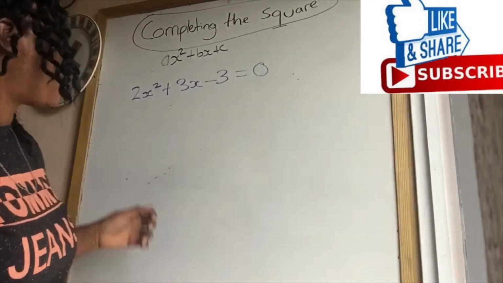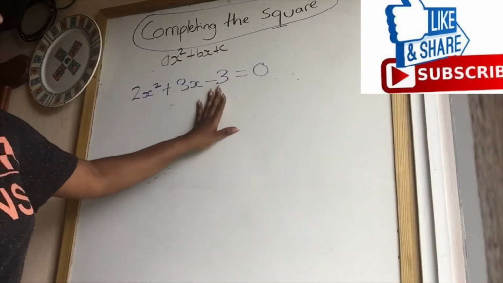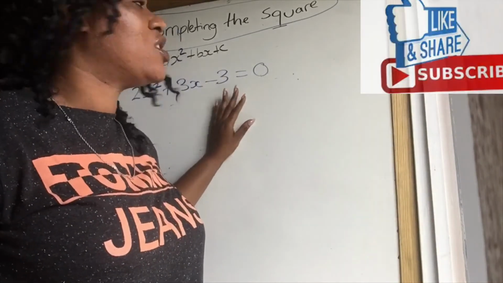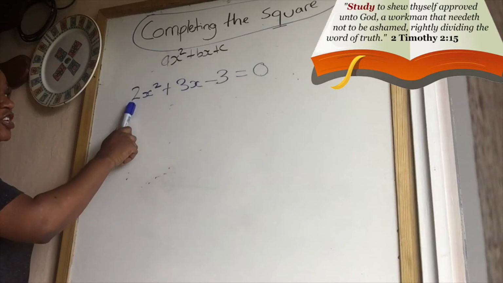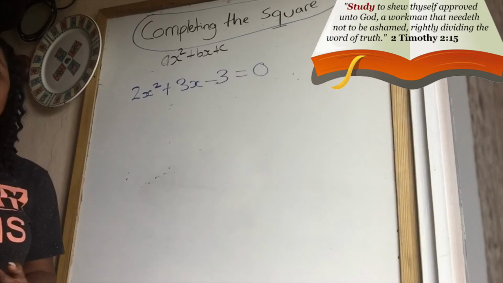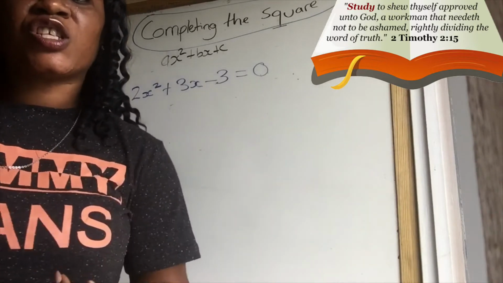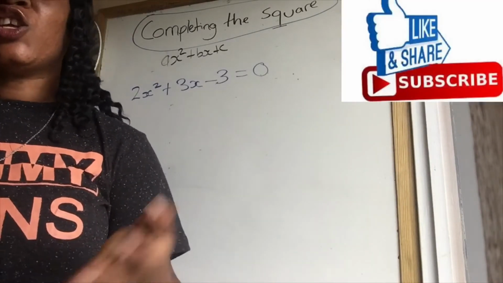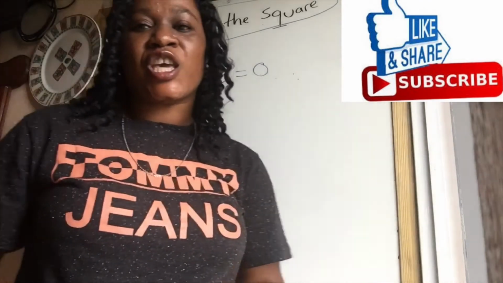Okay guys, so what if I have this question? 2x² + 3x − 3 = 0. Alright, so you know that now the coefficient of x squared is 2. Know this rule, people. The coefficient of x squared must be 1.